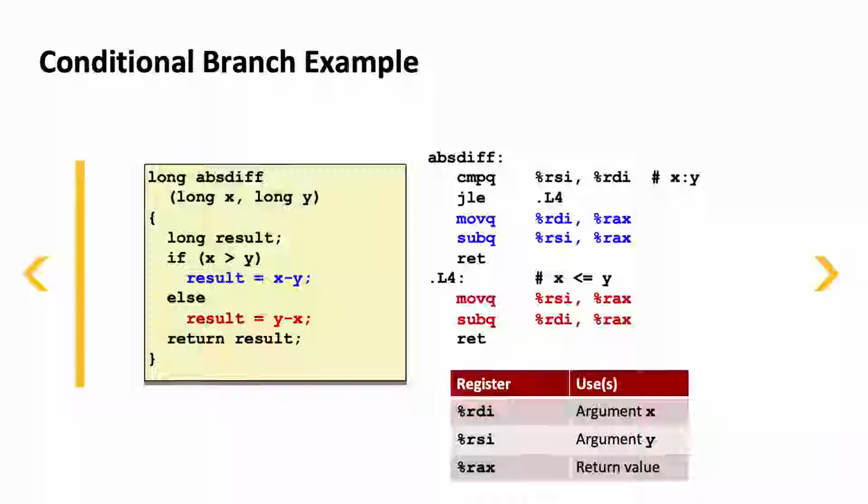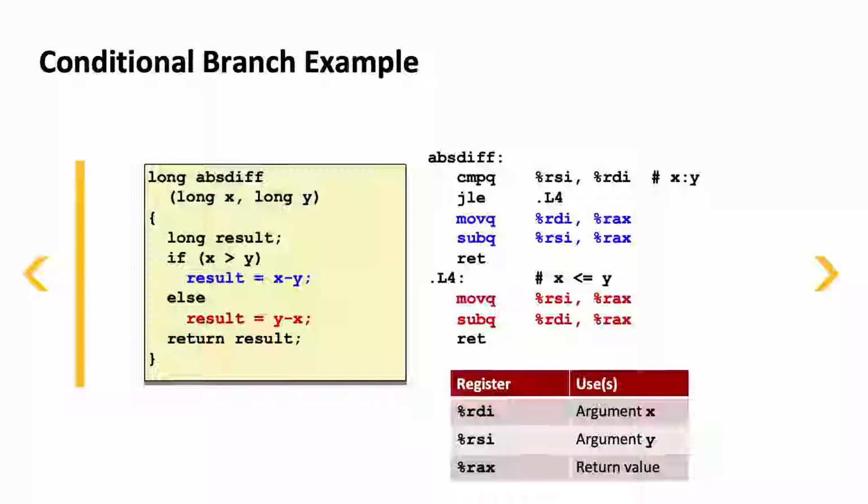So we've got labels. We've got labels for our function itself, so that absdiff colon there. That's the label in the assembly that tells us, hey, here is where the code that's called absdiff lives. And we'll also create another label, this .L4, and that's just kind of a standard notation. That's just another label that we're going to use to tell us where to jump to if we jump. We can use a compare instruction like we talked about a few slides ago, compare x and y, and then jump if less than or equal, right?